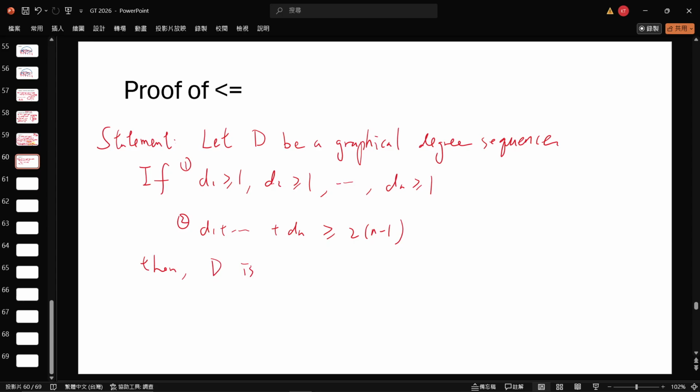We have two properties, and this time they are the assumptions. What we want to derive from these two assumptions is that it is potentially connected. I'm going to write down the meaning of potentially connected: if D is potentially connected, this means it can be realized by a connected graph.